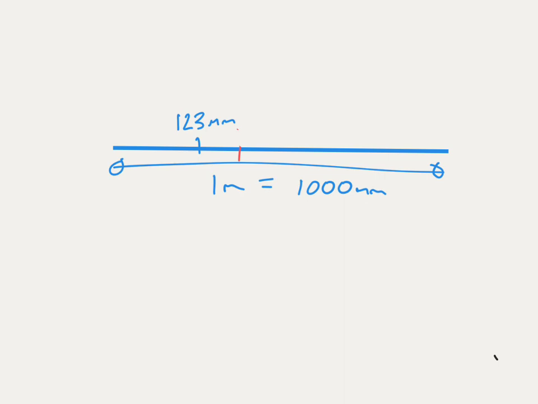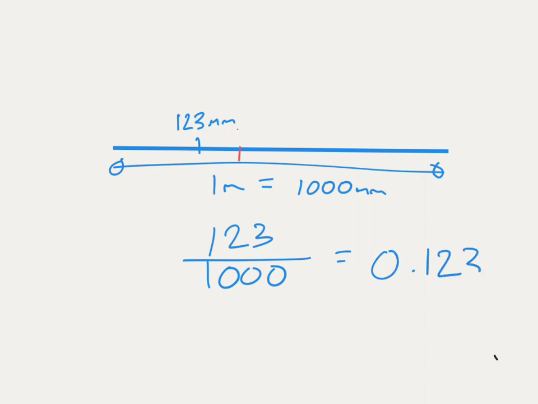I've drawn my line in the wrong place a bit there. What fraction would that be of a meter? Well, my whole is 1,000. My part is 123. What fraction is it of a meter? 123 thousandths. What proportion is it? 0.123 meters.